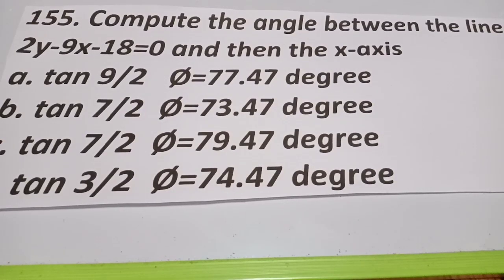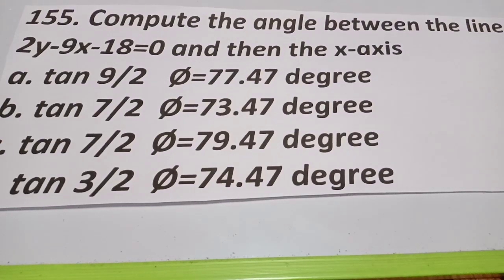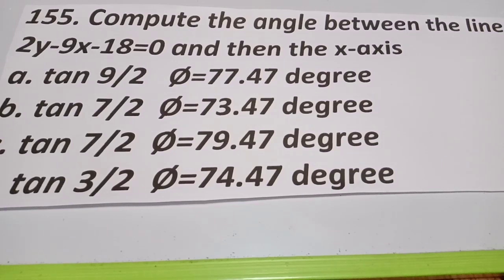Okay, compute 155. Compute the angle of the line 2y minus 9x minus 18 equals 0. So what will you do in order to get this one? First, you need to get y equals mx plus b.